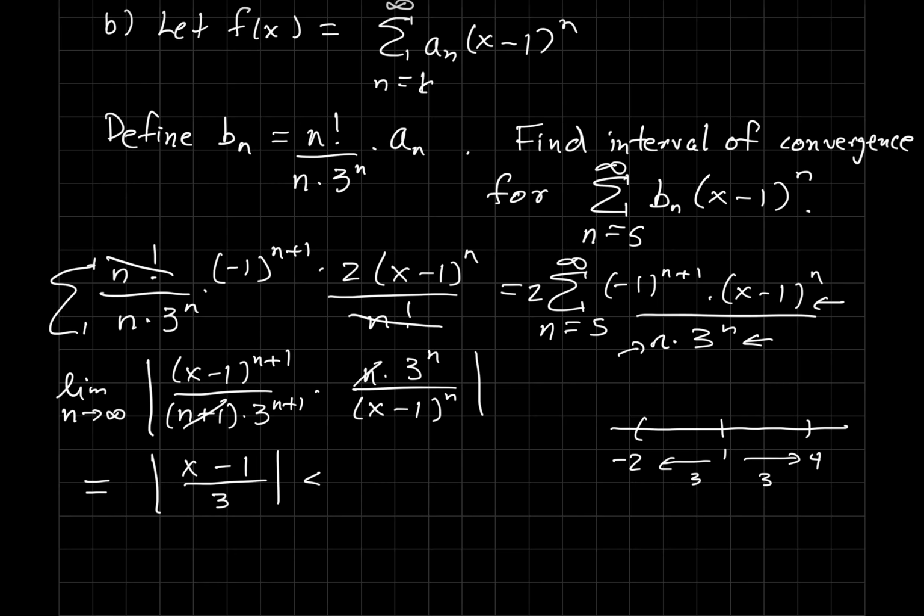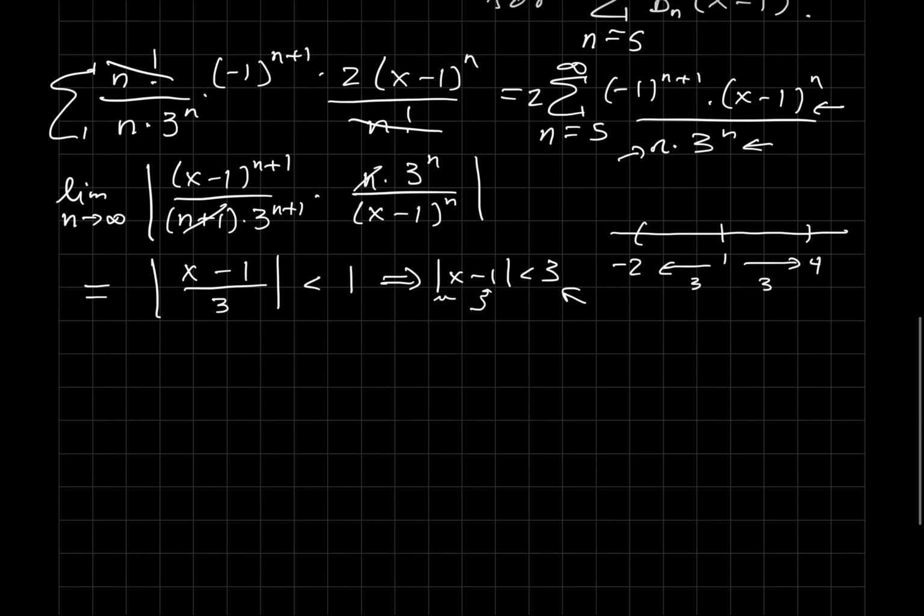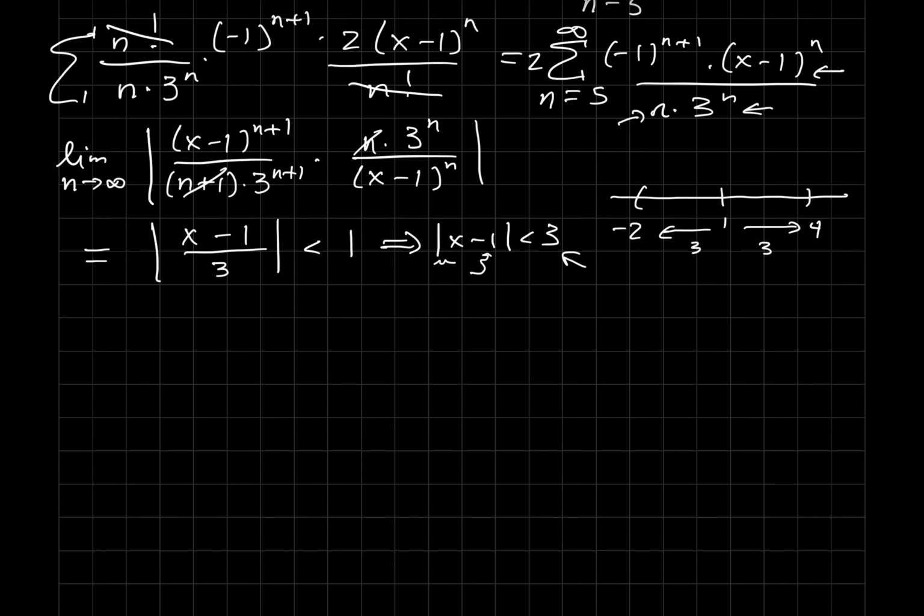And this will converge when I get x's that make that ratio less than 1, or when the absolute value of x minus 1 is less than 3. So all x's no more than 3 away from my center of 1. So right now my interval of convergence is negative 2 to 4. That's my interval of convergence.